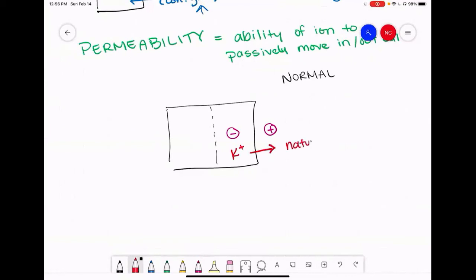So that's natural movement out. And sodium has the opposite, where it naturally rests outside of the cell and will have natural movement into the cell.